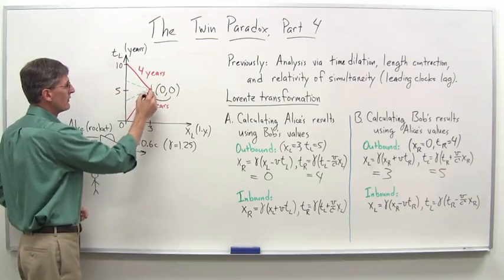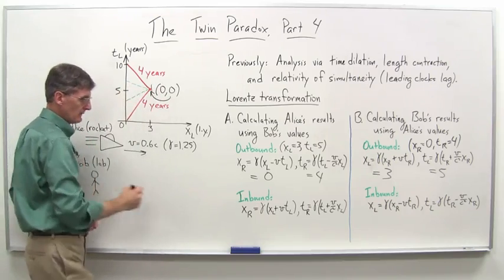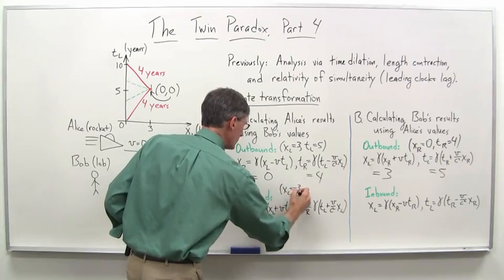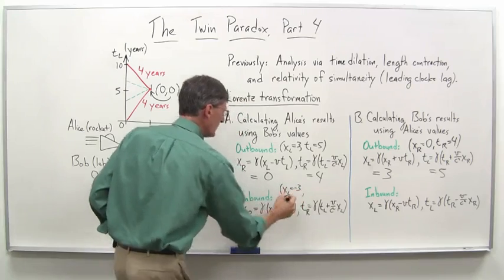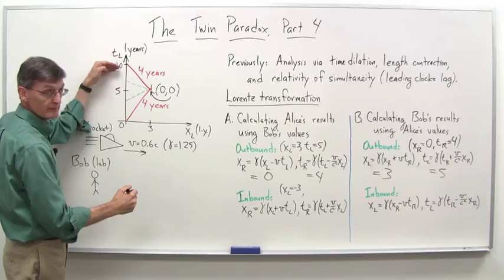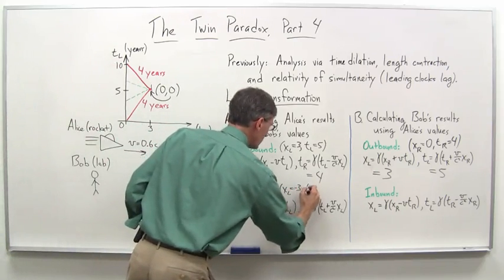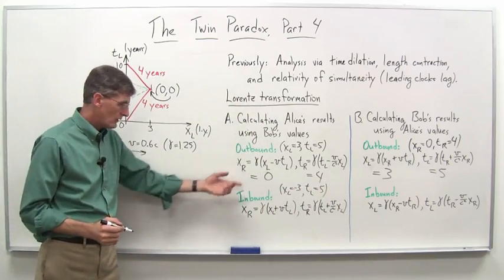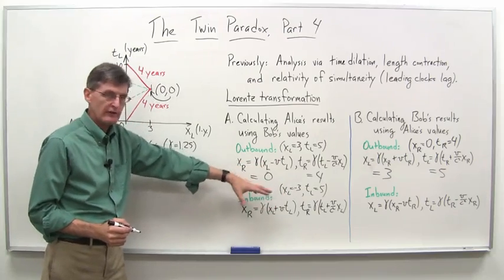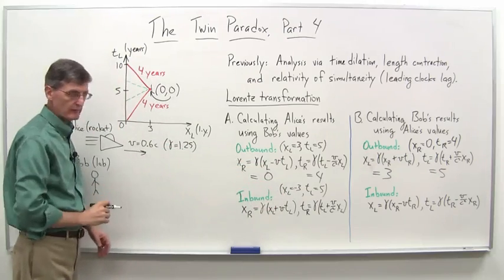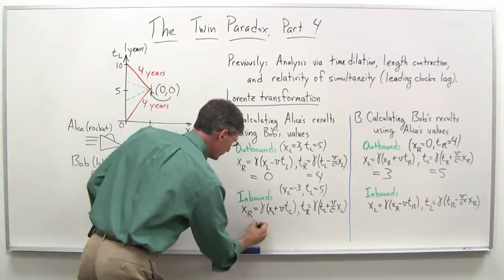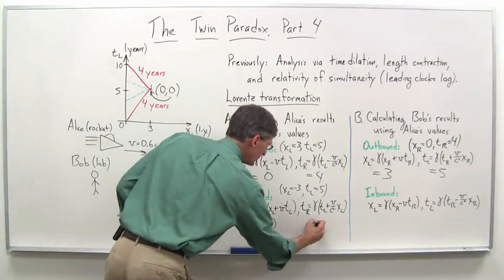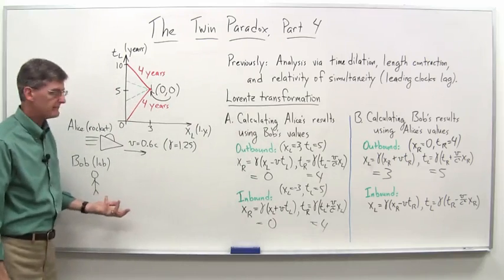So this is now 0, count off negative 3 back to here, and so we can write xL equals negative 3 in there, and tL is the same. tL still goes up 5. So it's really xL equals negative 3, tL equals 5 years. And if you plug in those values, negative 3 and tL equals 5, just from the diagram here, again, you're going to get xR equals 0 and tR equals 4, another 4 years, as you would expect.